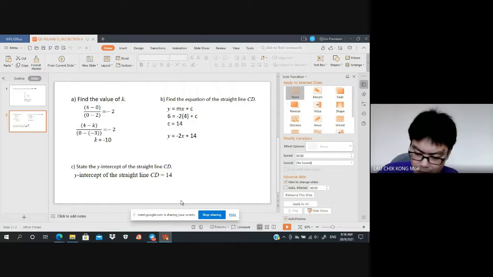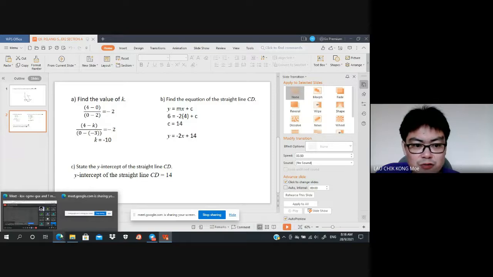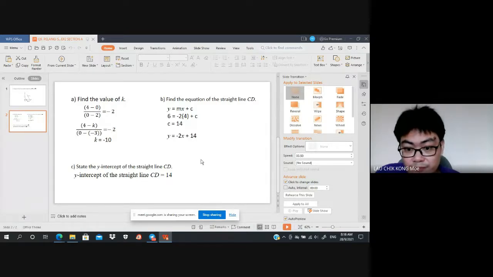This one, the gradient is correct. M equals to -2. But when you find the value of k, 4 minus k divided by 0 minus 3. I think this is not -3, so you are wrong here. So actually the k equals to -2. Just now Stephanie's answer is correct. Your answer -10 is wrong. We didn't have -3, we only have 3. Okay?